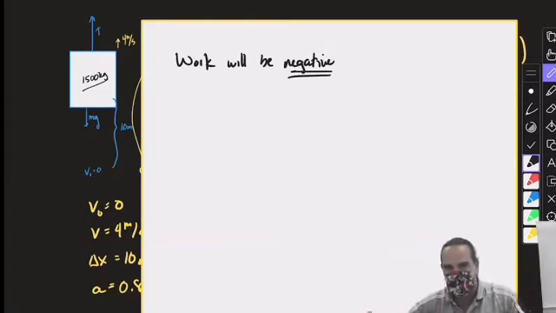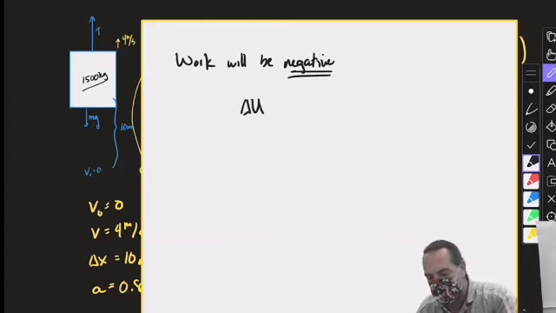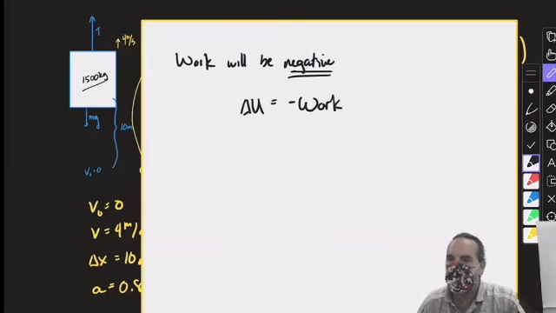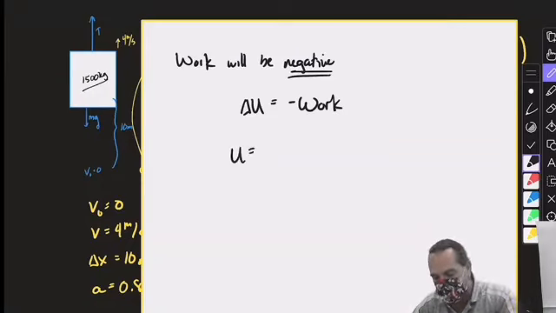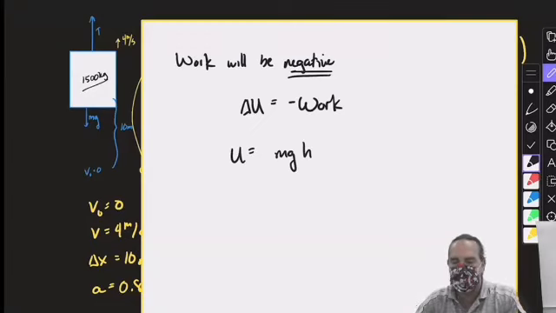Work was being done against that force. So we say that the change in potential energy is equal to minus the work. This is the mathematics behind it. This would be more important if you were in mechanics than in this class, but it's still true today. This is why we say potential energy is just mgh. We don't have negative forms of energy when we deal with conservation of energy like that.